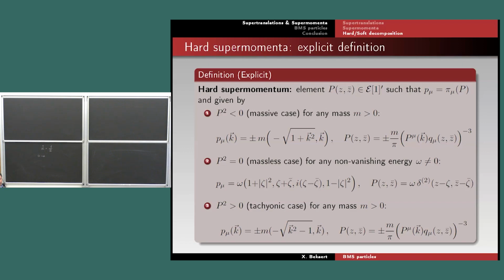In 3 dimensions, at least for the massive case, the physical degrees of freedom coincide with those of Poincaré. Therefore, from this point of view, it seems like a decoration.